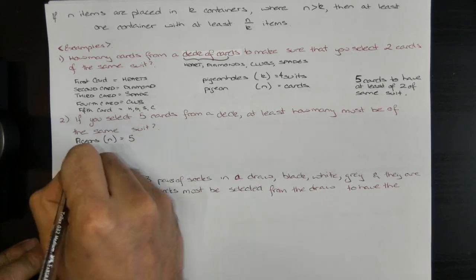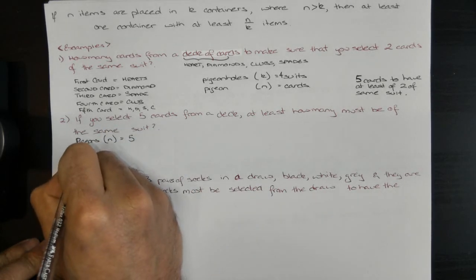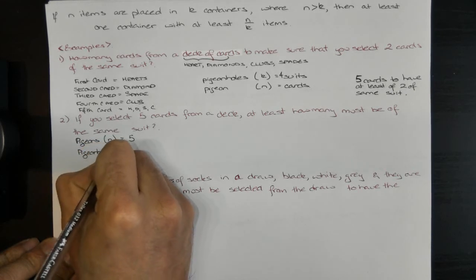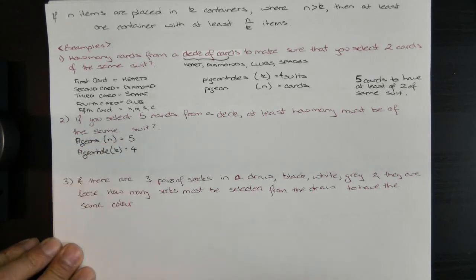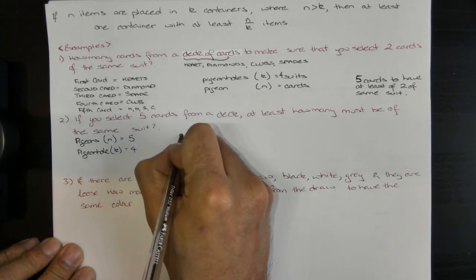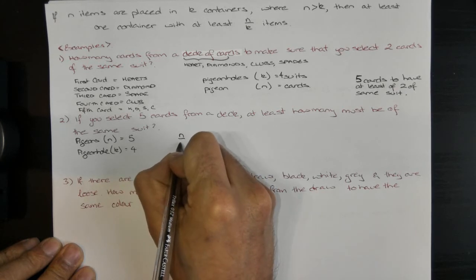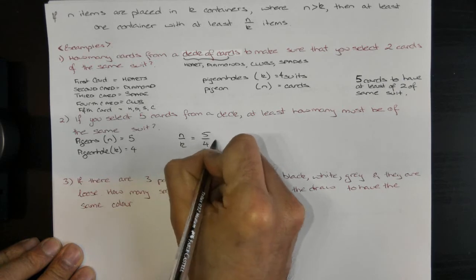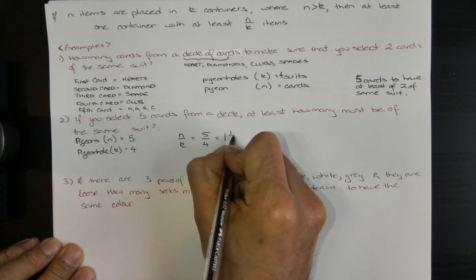We've got 5 cards, and the holes, or K, is 4, because that's the same number of suits. So there must be at least 2 cards of the same suit. So N divided by K equals 5 over 4, which is the same as 1 1/4.